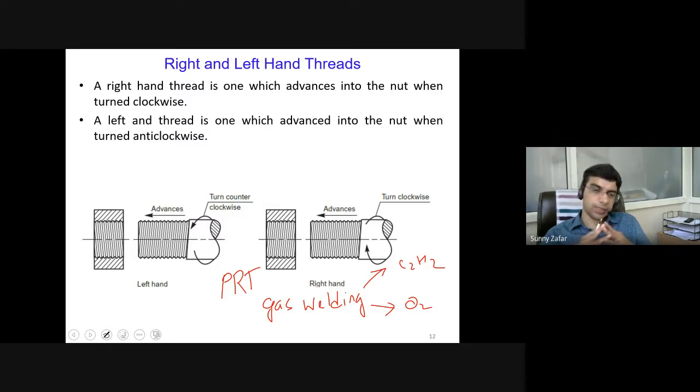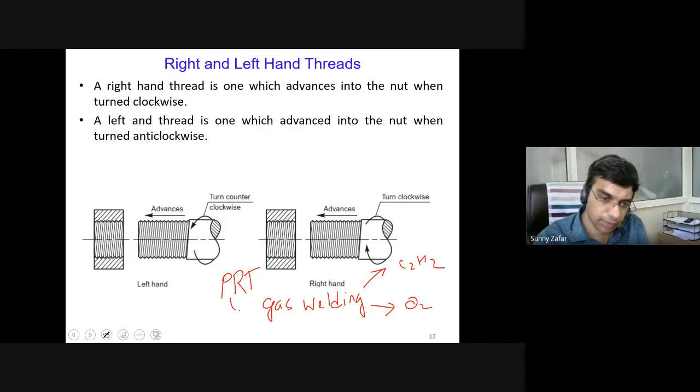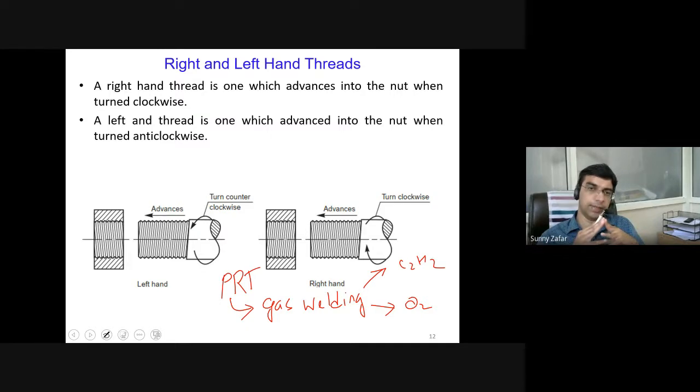That is just for safety purposes, so that you accidentally don't open both the gases together, thereby leading to some hazard or accident. So that was an example in the PRT course, where in gas welding equipment, one cylinder has the left hand thread, another has the right hand thread.